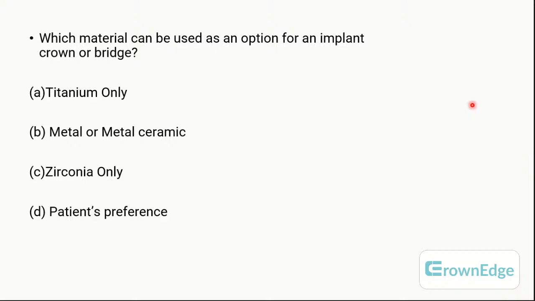If you had to choose the best material as an option for an implant crown or bridge, which would be your material of choice? Would it be titanium, metal ceramic, zirconia, or whatever the patient tells you he or she wants? What do you think is the answer for this one? Anybody? We had discussed this the last time around.